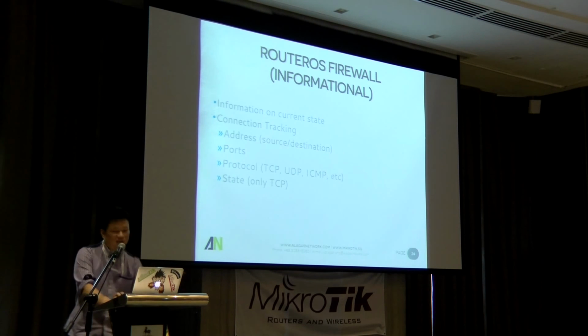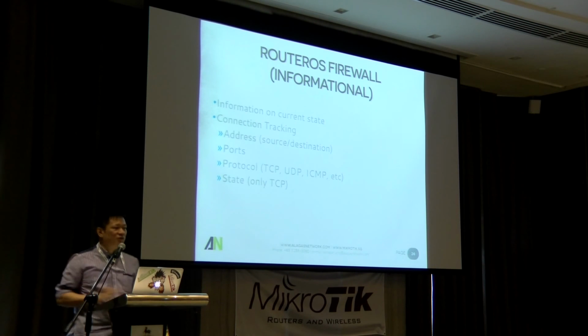It has the information of the current state of each of the connections going through your device. It will tell you the source and destination IP address of this particular packet, and the connection, which port. From the ports you can guess, even though there's no guarantee, what this packet is trying to do and on which application.